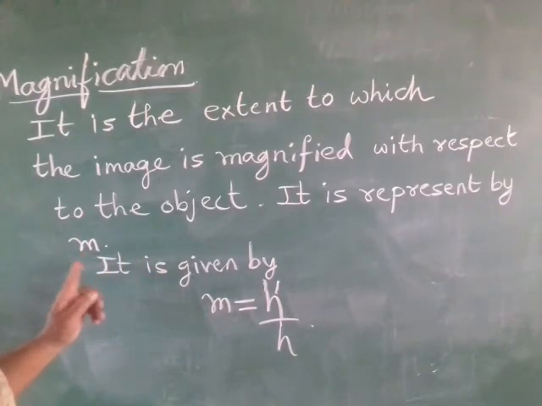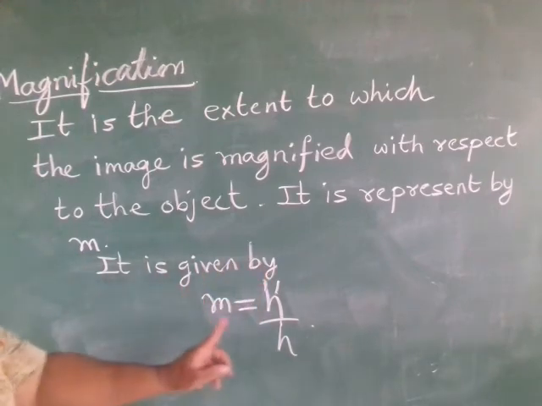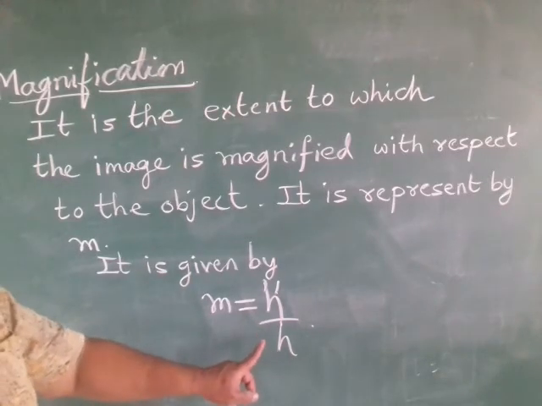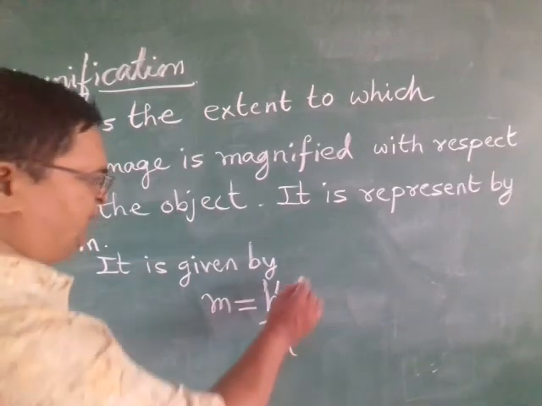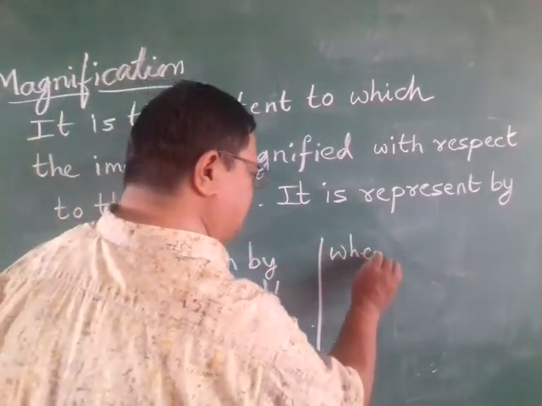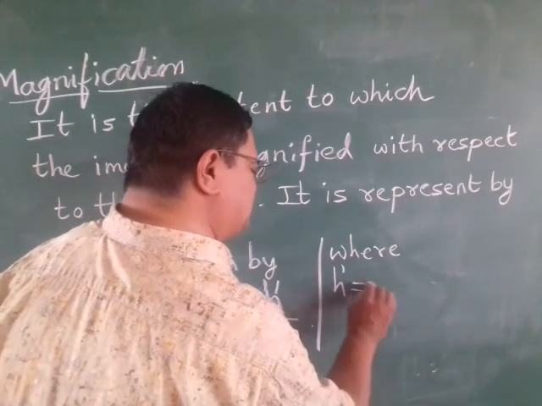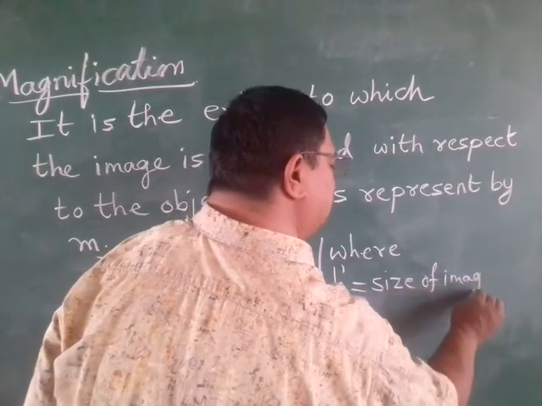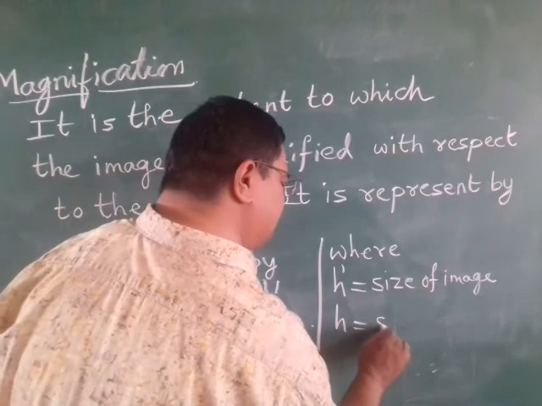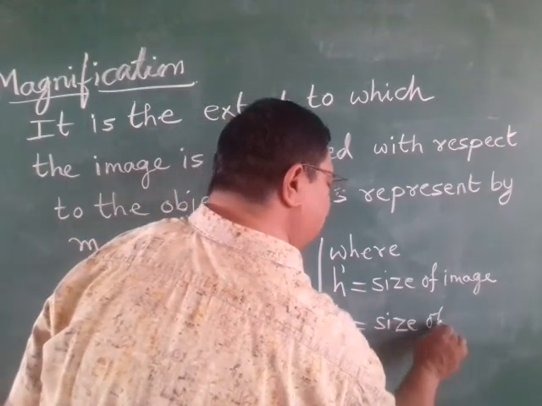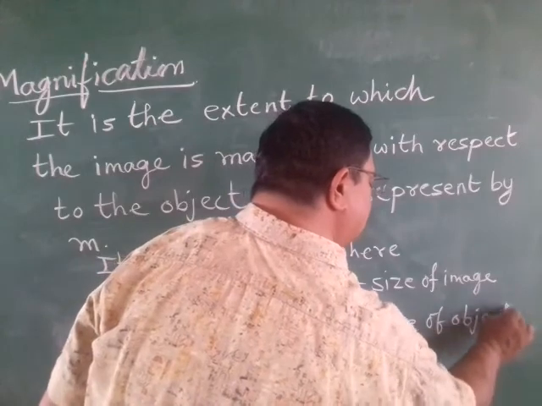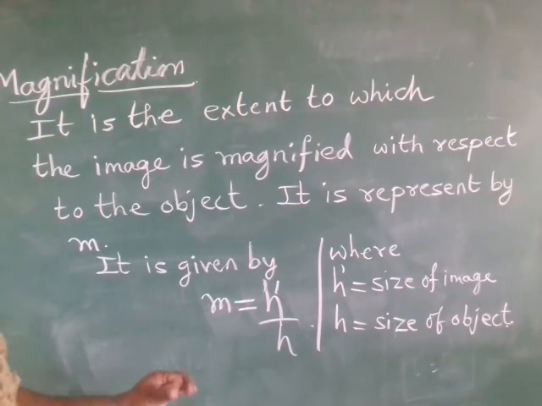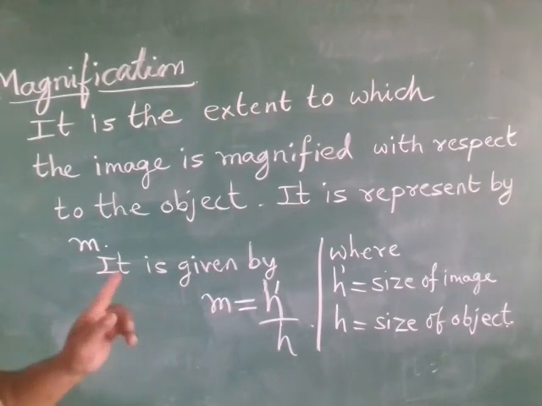It is represented by small m, and it is given by m is equal to h dash upon h, where h dash is the size of the image and h is the size of the object.